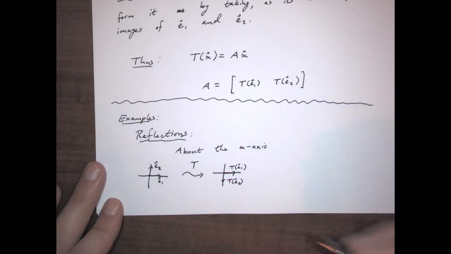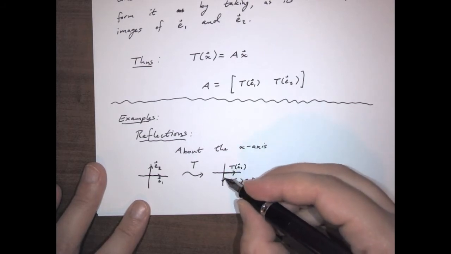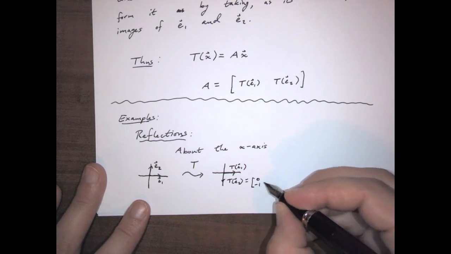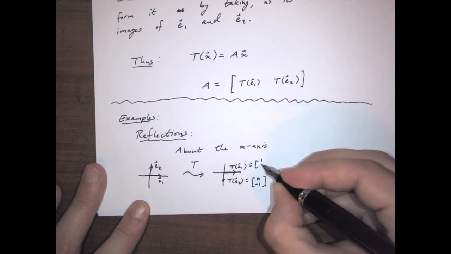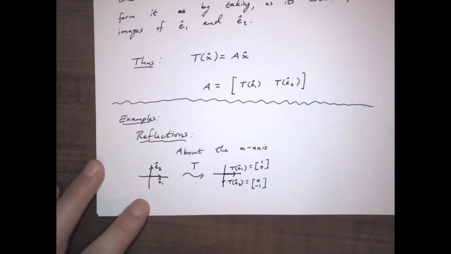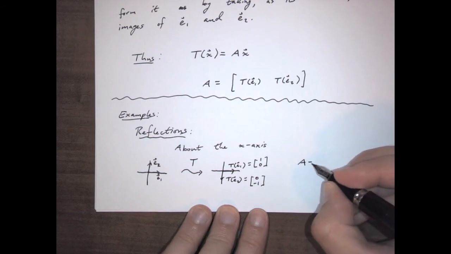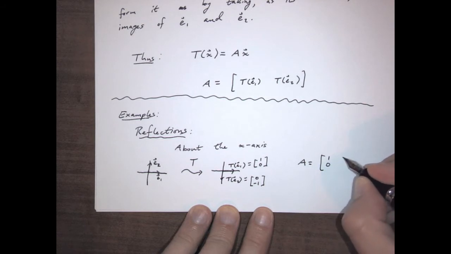Those are going to be our two columns, and we can write them as column vectors. So this goes 0 in the x direction and -1 in the y direction. This one goes 1 in the x direction, 0 in the y direction. And so then A is equal to, the first column will be 1, 0, second column will be 0, -1.